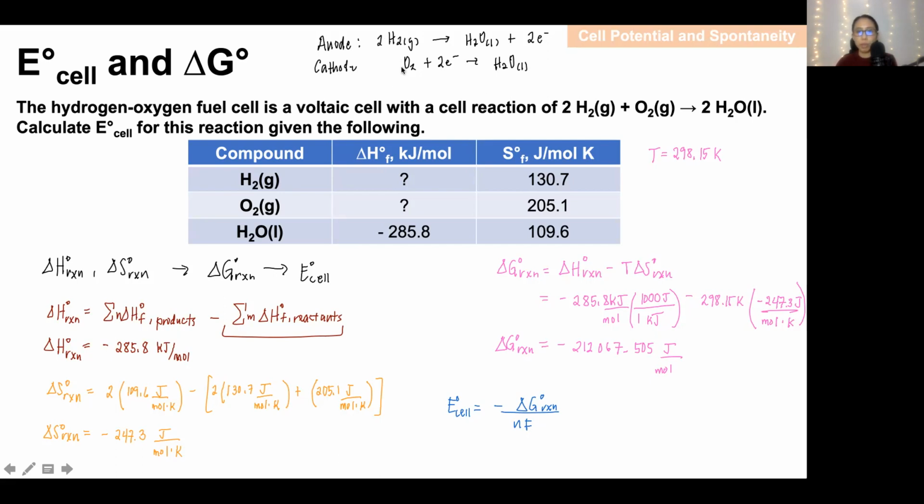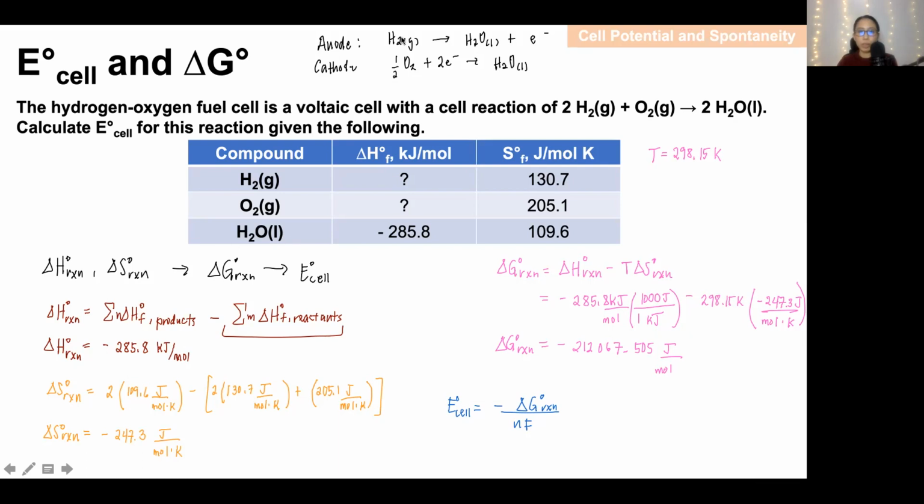So this should actually be 2H2. Yeah, this one should be H2 and only 1 electron there on the product side. So this will be multiplied by 2. Is that correct? Okay. This one must be 1/2, plus 2 electrons.